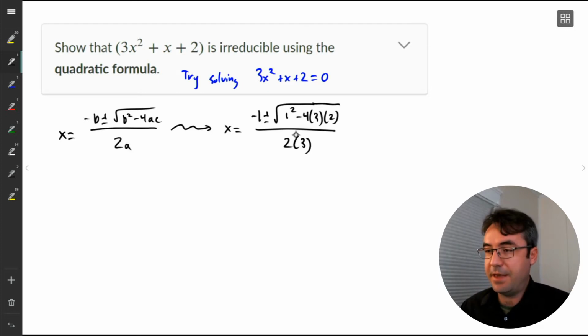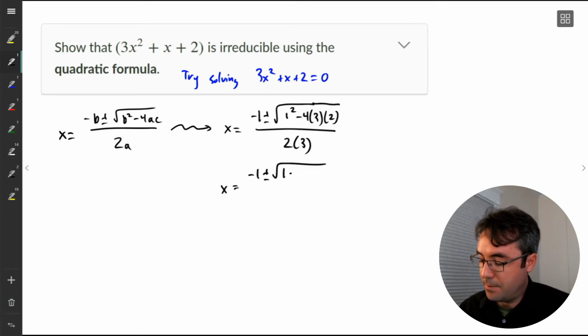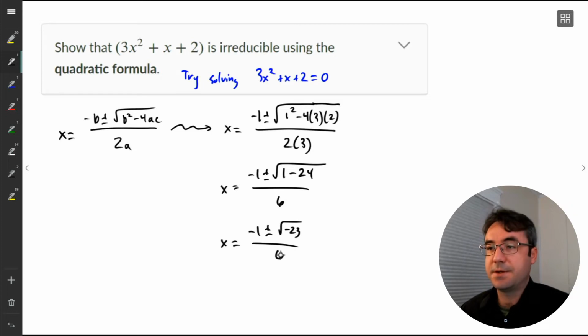And if we simplify this, what do we get? We get negative 1 plus or minus the square root of 1 minus, what is that, 24 over 6. And then if we simplify a little bit further, we get negative 1 plus or minus the square root of negative 23 over 6.